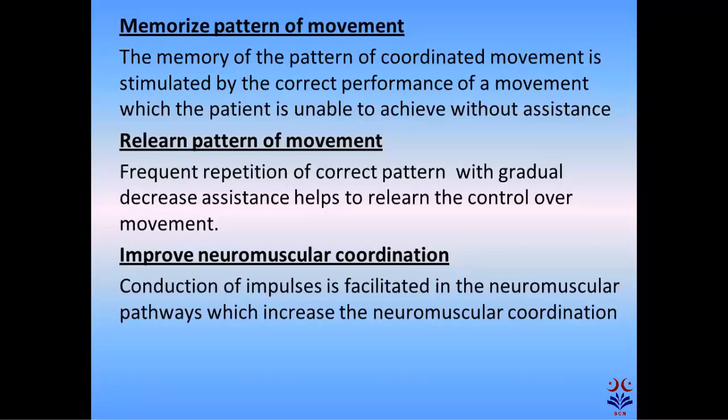If muscles are intact, there is no pathology in the muscles themselves, but there is no nervous control, the nervous system has failed, the nervous system is down, in this condition muscles are not capable of any type of movement. So by the use of active assisted exercises, the neuromuscular coordination can be improved.